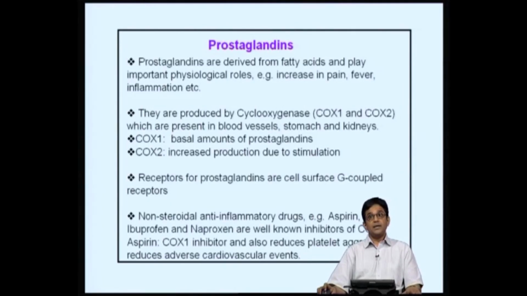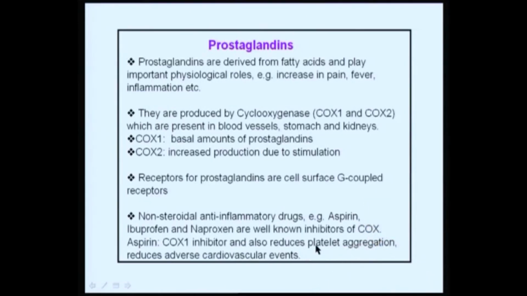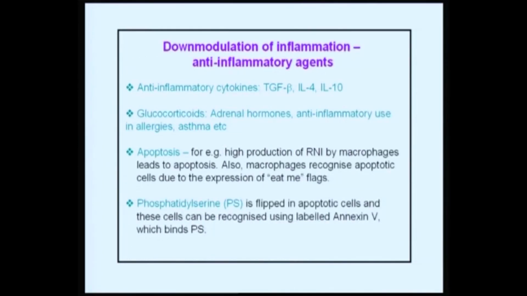Now, aspirin is particularly important because not only is it an inhibitor of COX-1, it also reduces platelet aggregation, and this reduces adverse cardiovascular events. And for heart patients, often the doctors prescribe aspirin, and now you know the mechanism of action, because it reduces platelet aggregation and reduces the risk of adverse cardiovascular events. So, aspirin has two roles. One is a COX-1 inhibitor and also reduction of platelet aggregation.